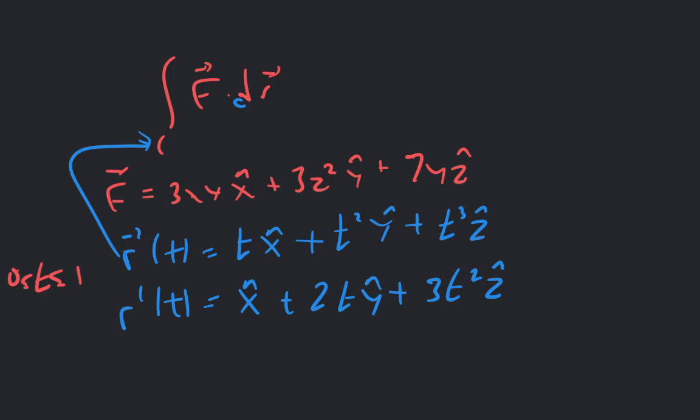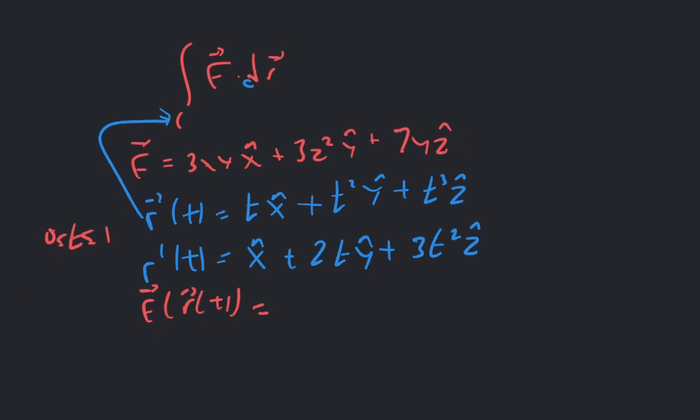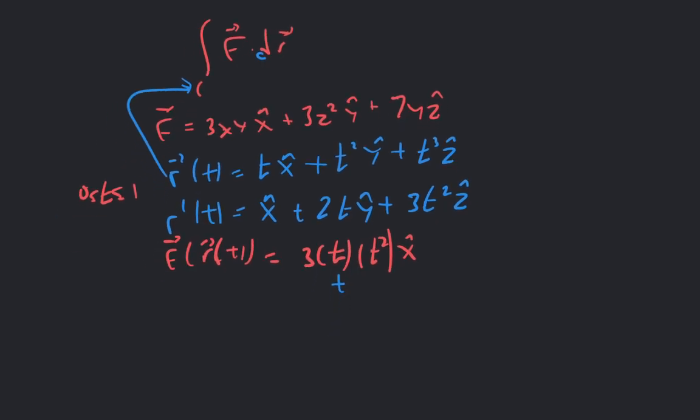So now we're going to do F of r of t, and this looks pretty complicated, but it's really not too bad. So we have 3xy x unit, so that's going to be 3 times t squared x unit, plus we had 3z squared, so that's 3 times t cubed, I believe.